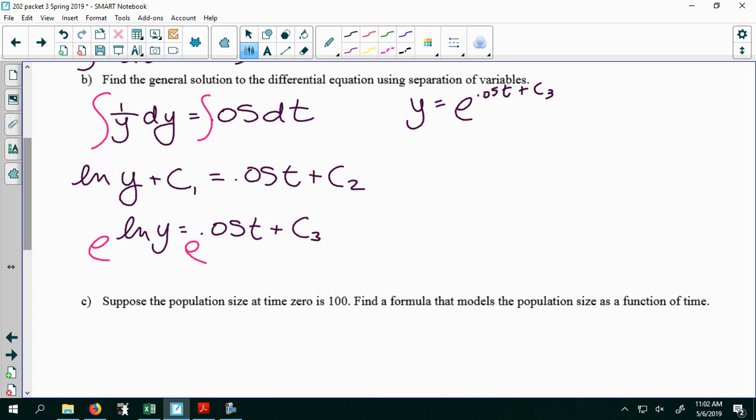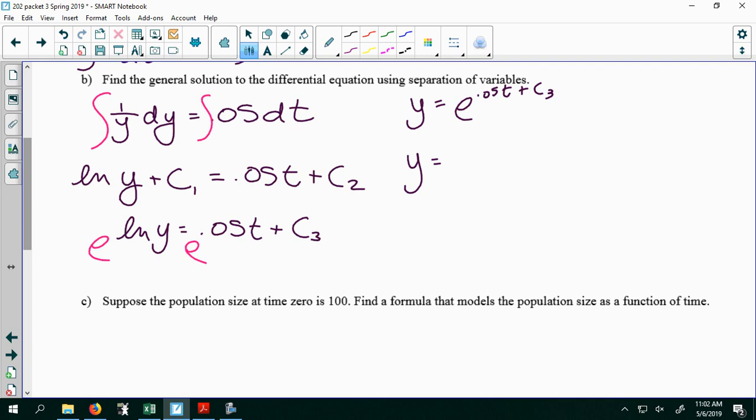It looks like I'm done, but I'm just going to do a little teeny algebra trick to make this look a little bit simpler. So this is a rule that you all know and use all the time. I'm going to use it in reverse of how we usually use it. When you multiply like bases, what do you usually do with the exponents? You add them. Yep. Here I have two exponents added.